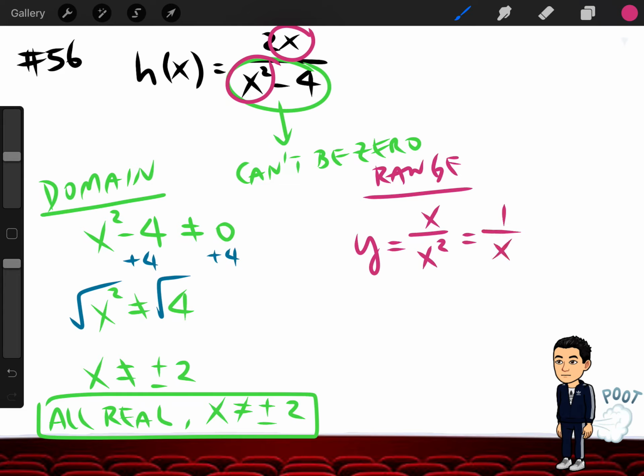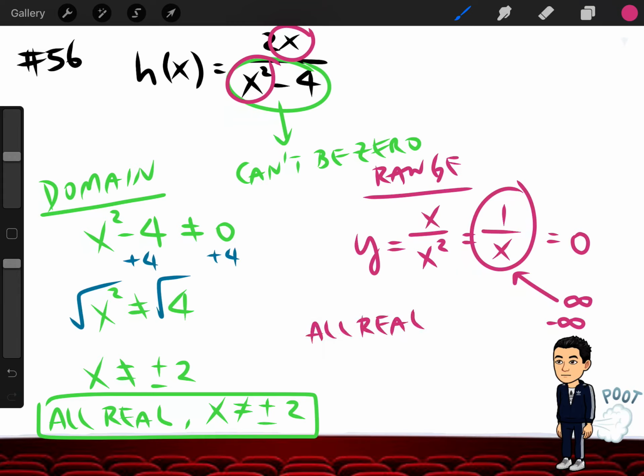Understand what happens if I insert infinity or negative infinity into the x. The denominator gets bigger, so this whole fraction is going to approach 0. So in this case, 0 is going to be your asymptote. So your range is going to be all real numbers, but y cannot equal 0.